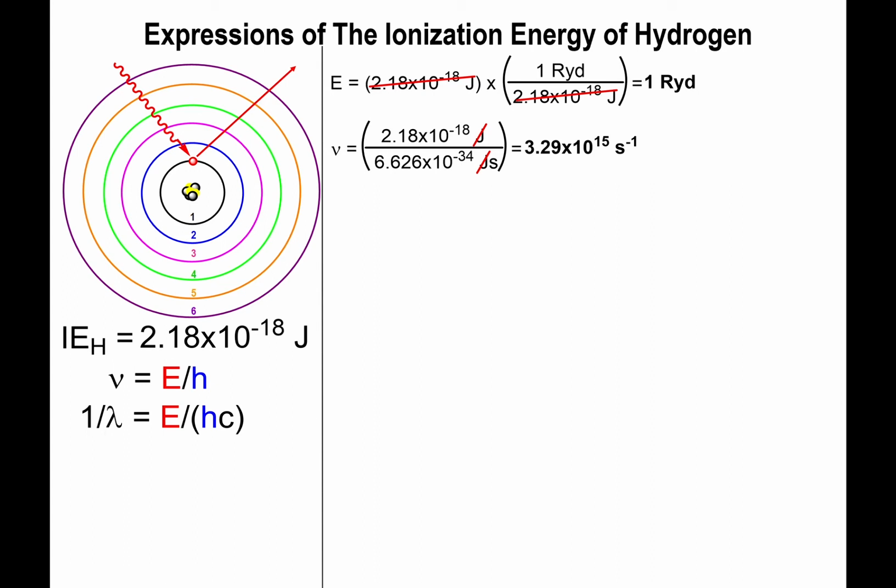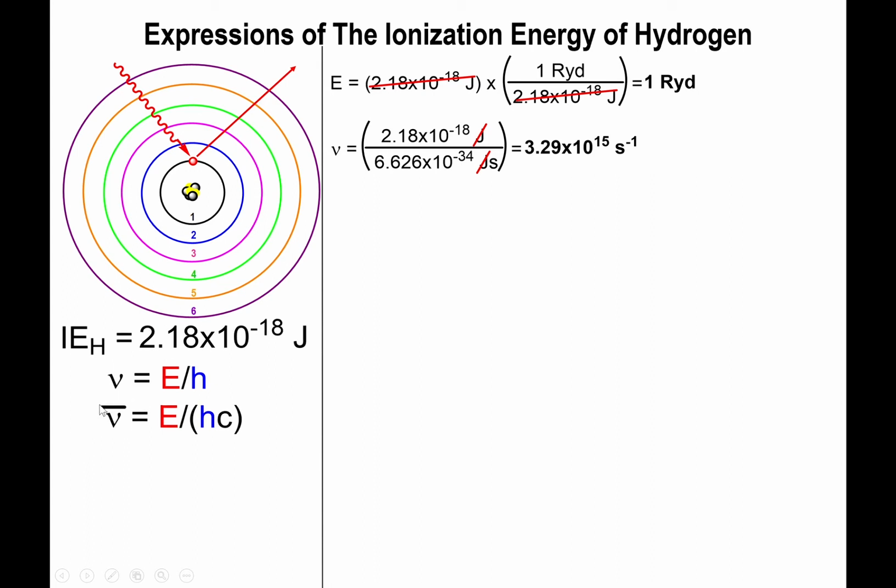So by simply taking the inverse of the wavelength, we have turned a value that was inversely proportional into one that now is directly proportional to energy. So the inverse wavelength is equal to energy divided by hc. And the inverse wavelength has a name. We call this the wave number.